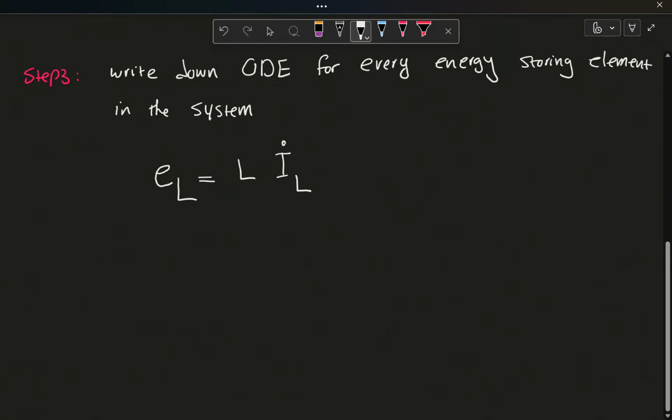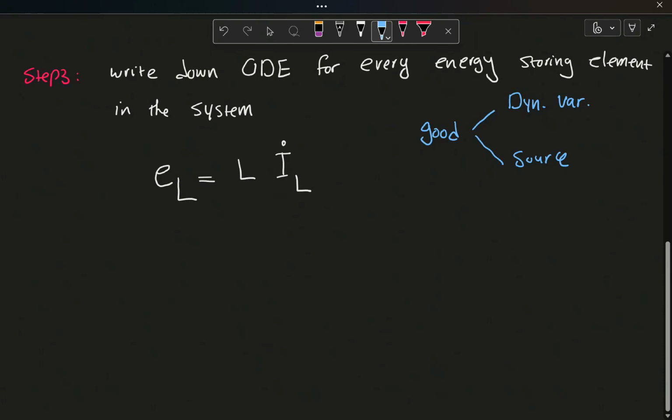Now at this point, I want you guys to do something. I want you guys to pick another pen and label these terms as good and not good. Okay, a valid question. What is a good term? A good term is something that's either your dynamic variable or your source.